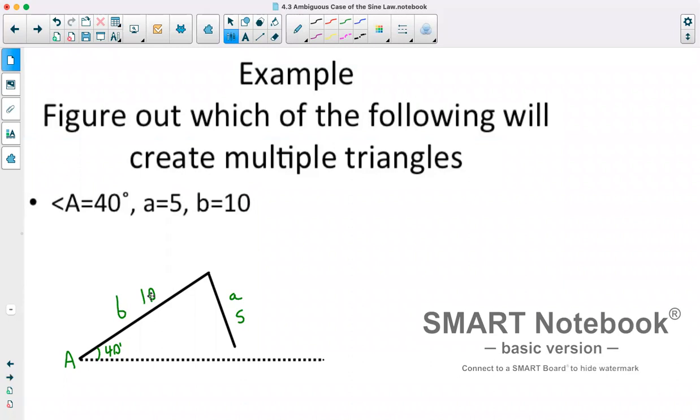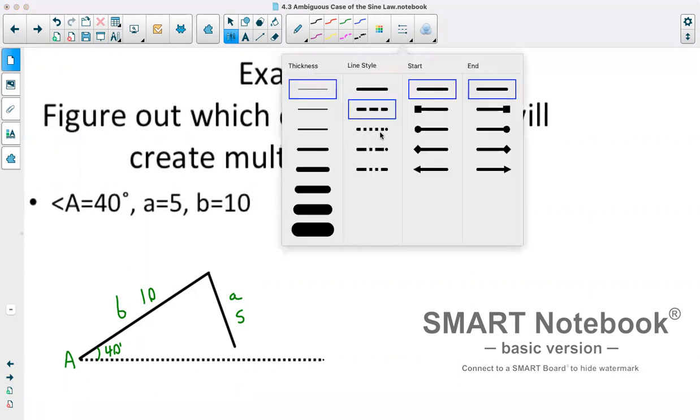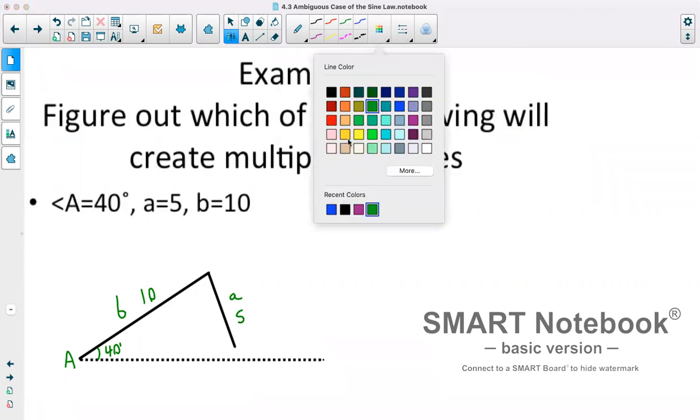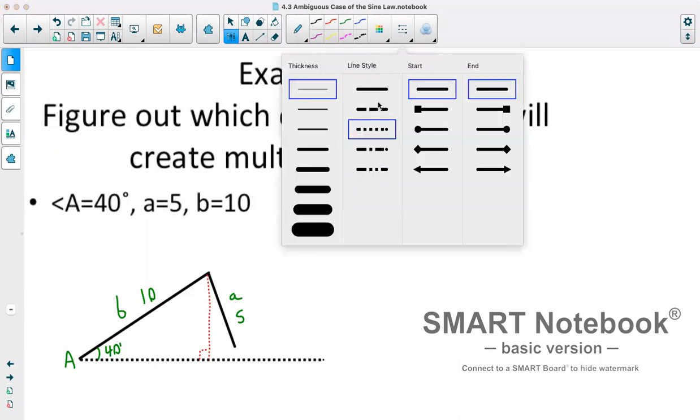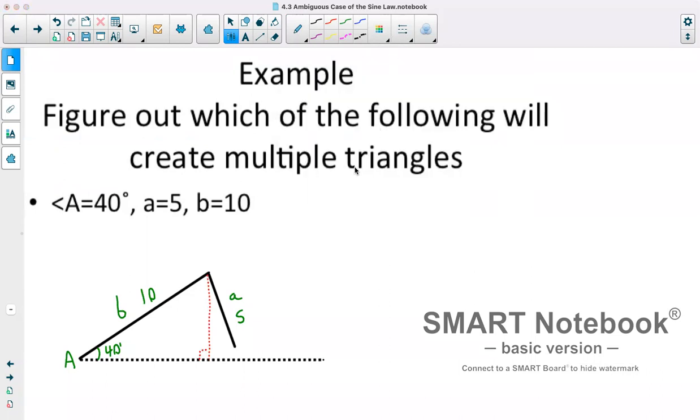The first thing I would do is create a 90-degree triangle simply by going like this. Now we're going to calculate the height, because if this height is larger than this, then we can't have a triangle, because this won't reach all the way down.